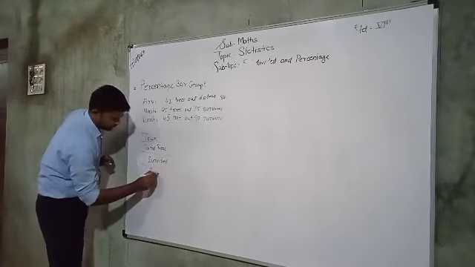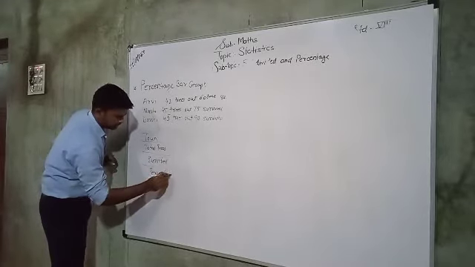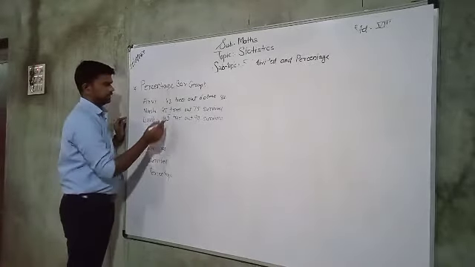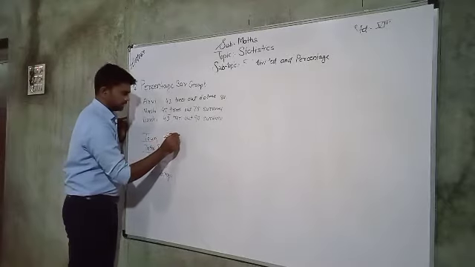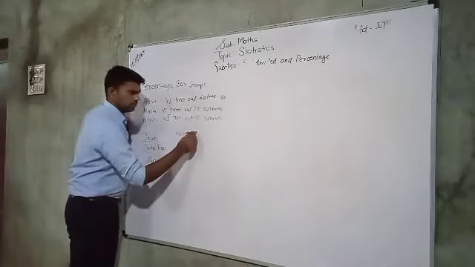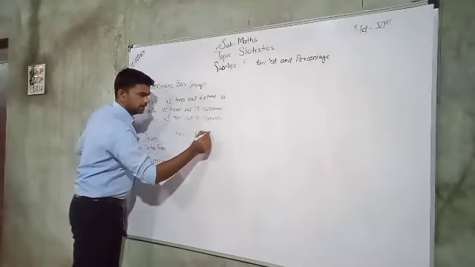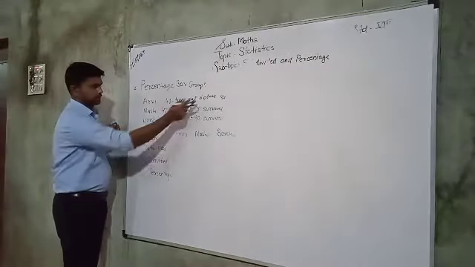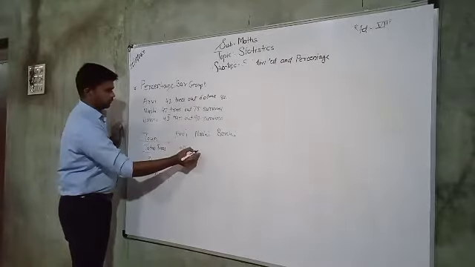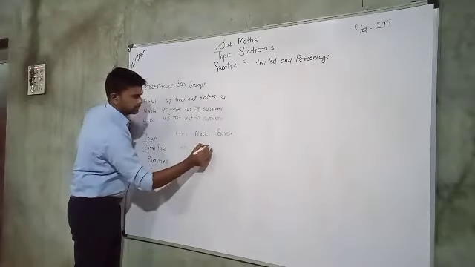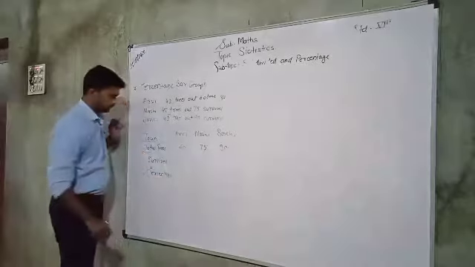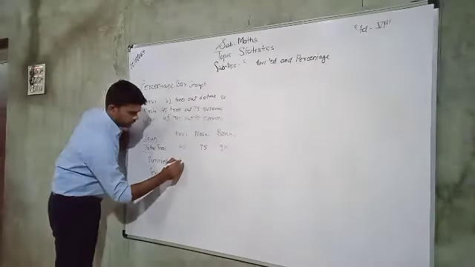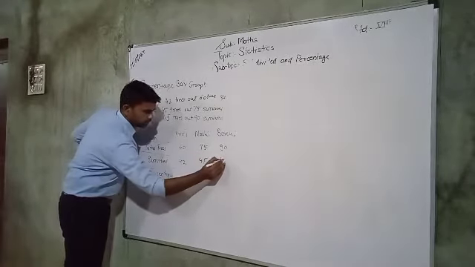Which towns are there? 3 towns: Arvi, Morshi and Barshi. Arvi total trees are 60, in Morshi 75, in Barshi 90. Then how many survived? 42, 45 and 45.